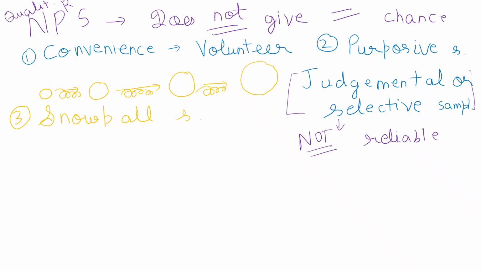It is used to identify hidden or hard to reach populations, for example drug users, in the absence of a sampling frame.